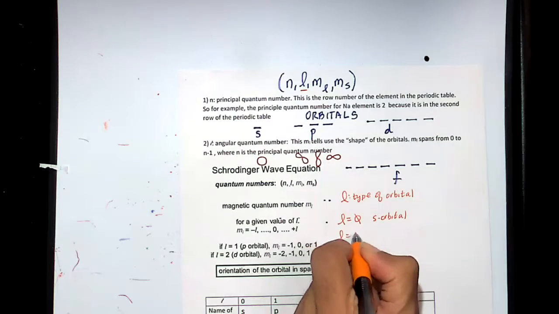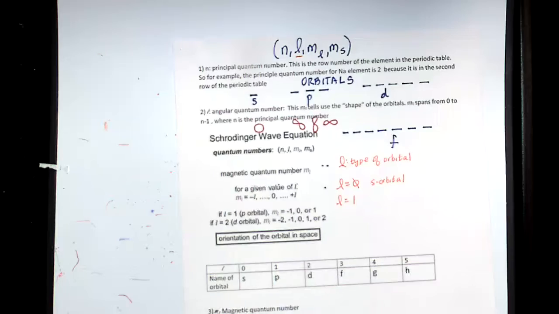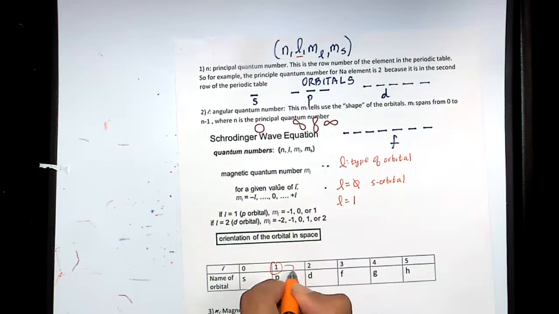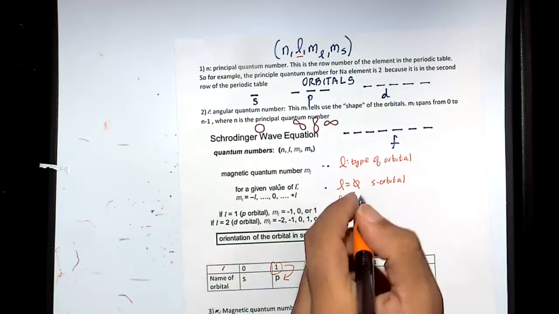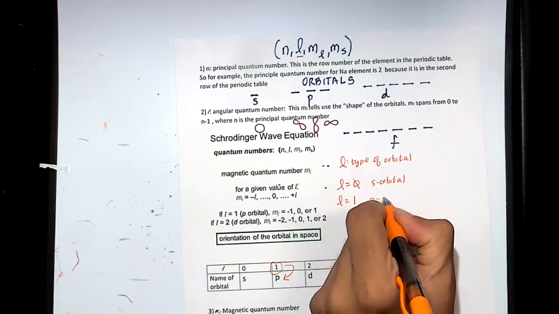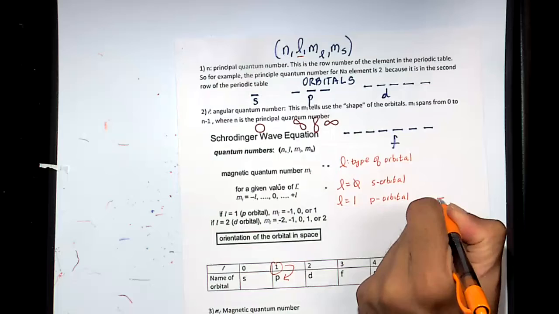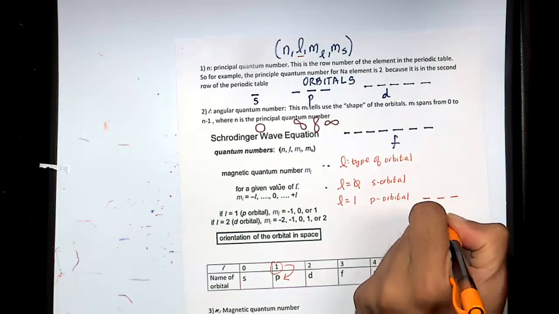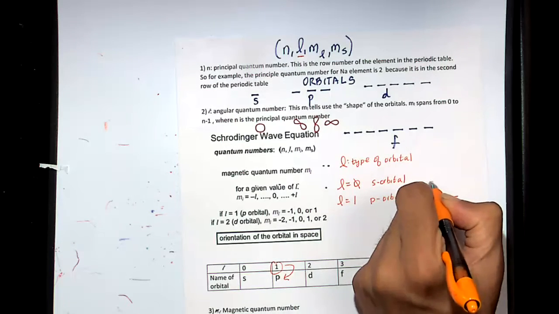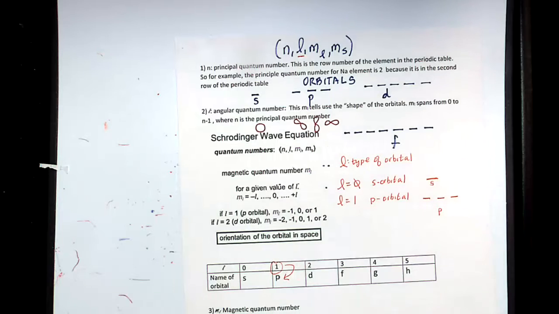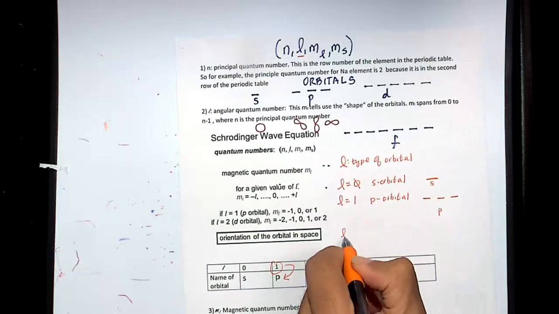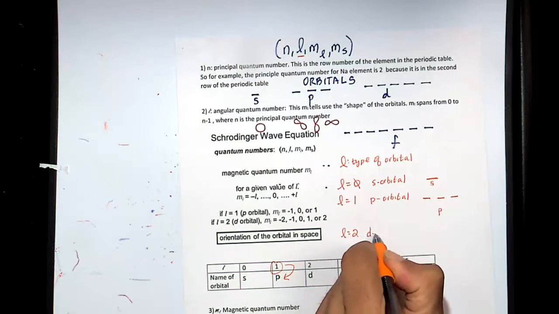If your L is 1, you just have to memorize this code. That's the code for a p orbital, which has 3 slots, 1, 2, 3. And the s orbital has just 1 slot. If L equals 2, we're talking about a d orbital.